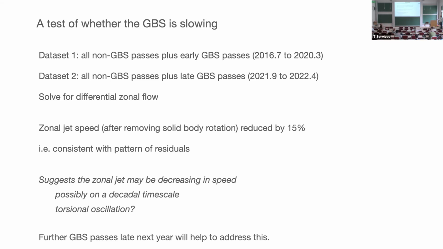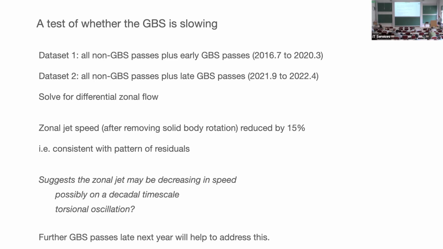And we find that the zonal jet speed, after removing the solid body rotation, has reduced by about 15% between these 2 sets of solutions. So this suggests that the zonal jet may be decreasing in speed. It's hard to say anything about timescale with 2 data points, but perhaps on a decadal timescale.